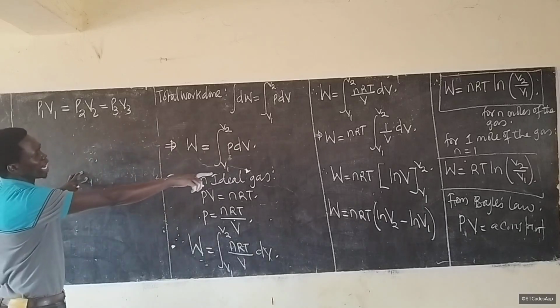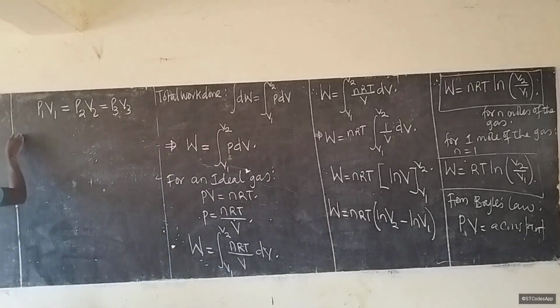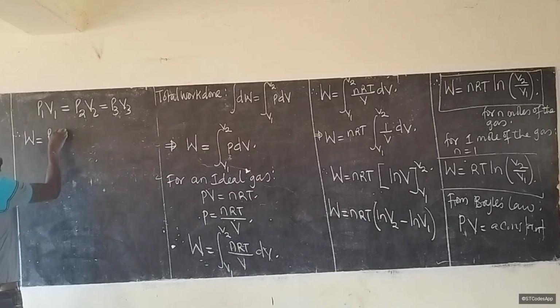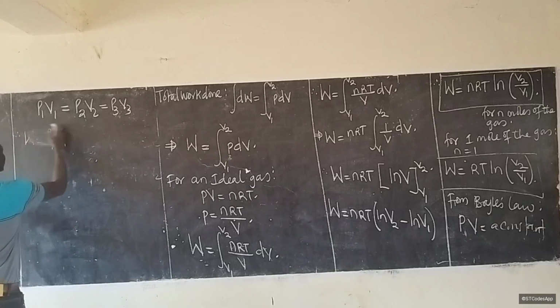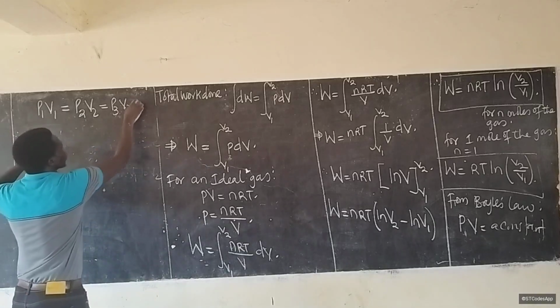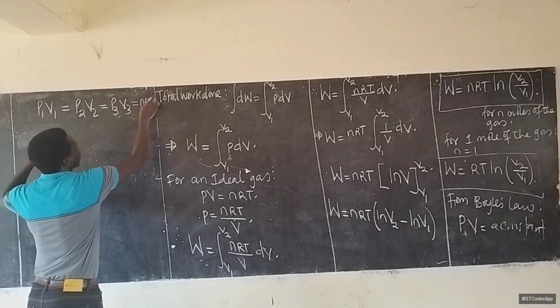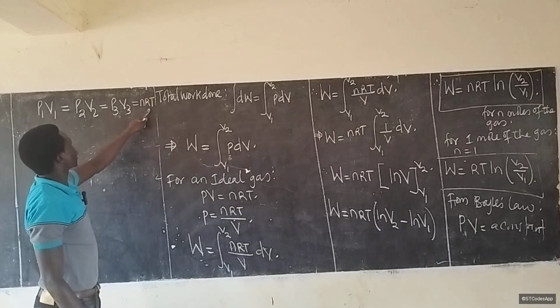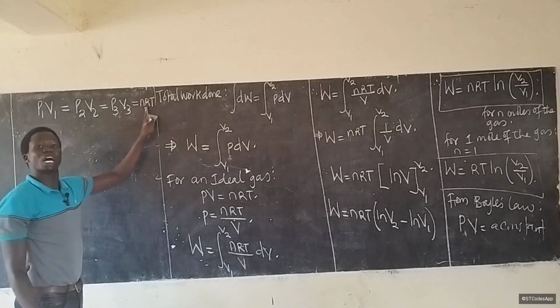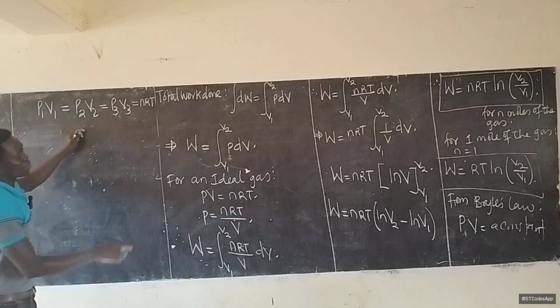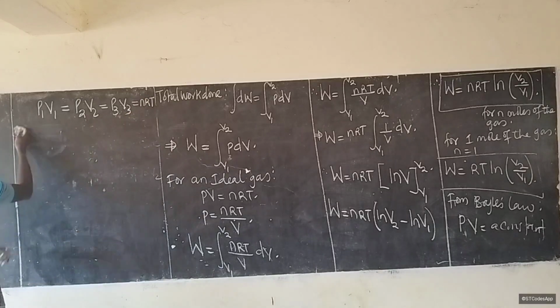So that means work done can be written in terms of P1 V1, because we know that this is equal to nRT, and for 1 mole it is equal to RT. So we are going to replace it.